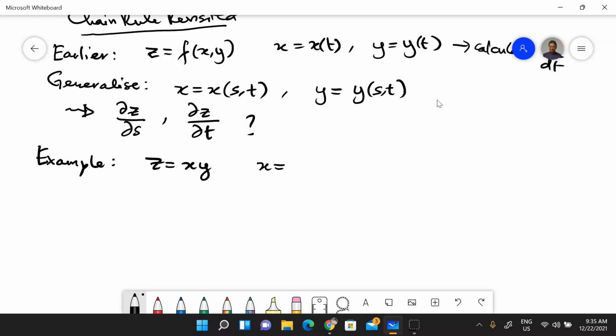So in this case, given z equals x times y and x equals sine of s plus t, for example, and y is s minus t. So how to find partial z, partial s, partial z, partial t?